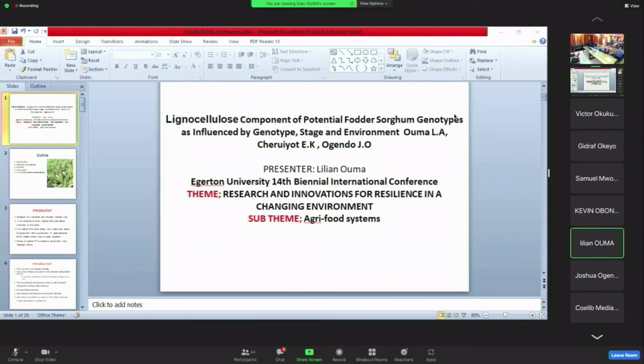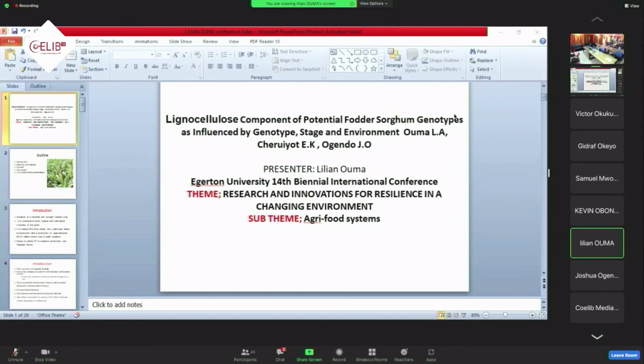My name is Lilian Ouma. I'm sharing a paper on the lignocellulose component of potential fodder sorghum genotypes as influenced by genotype, stage and environment, and I co-authored this paper together with Professor Cheriot and Professor Gendo. Sorghum is a versatile and drought-tolerant crop, cultivated in most tropical and subtropical countries of the world. It is ranked 5th among the cereals, with an approximate production of 65.53 million metric tons, and Kenya is ranked 6th in sorghum production in sub-Saharan Africa.